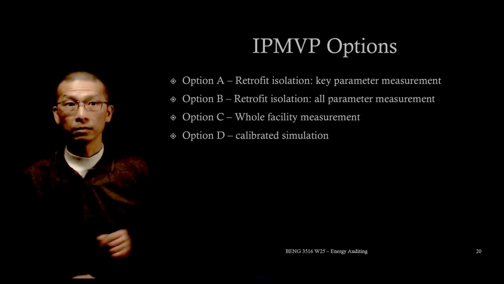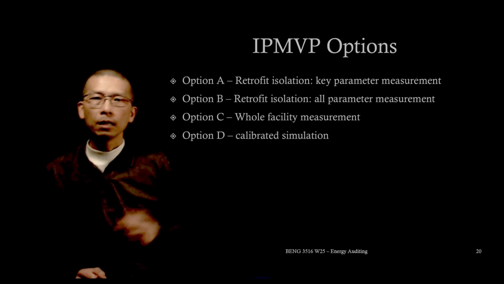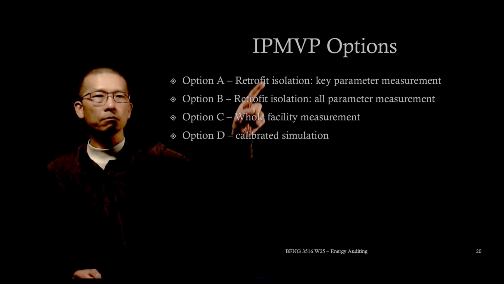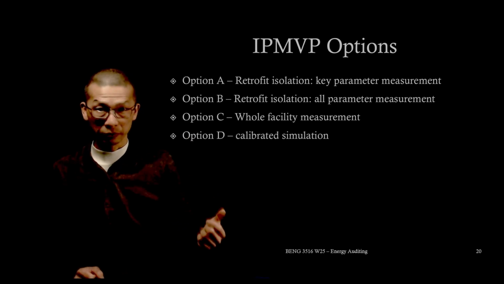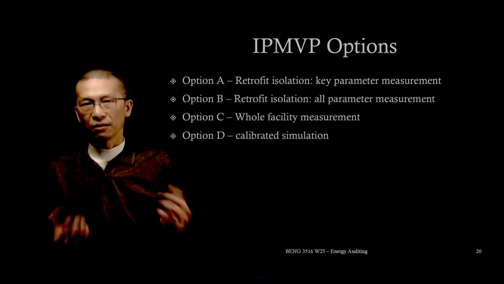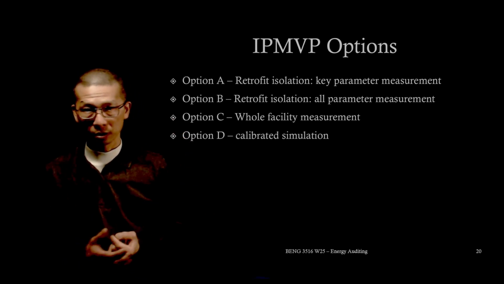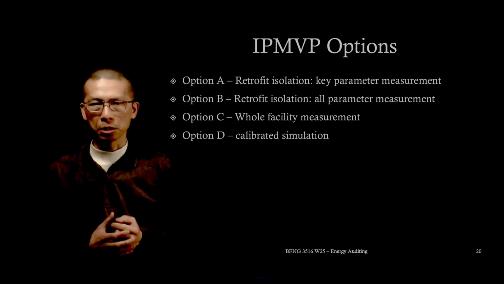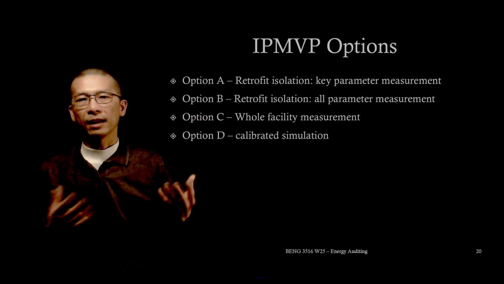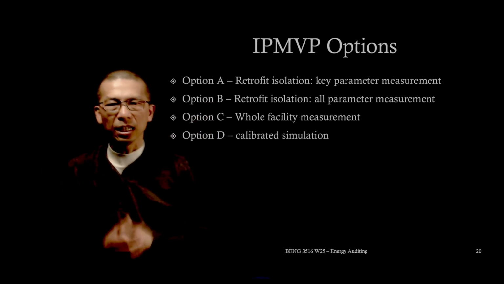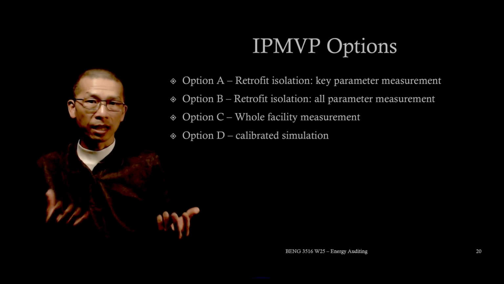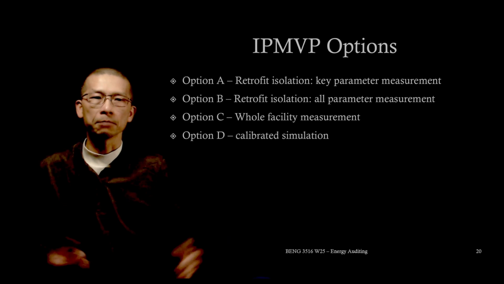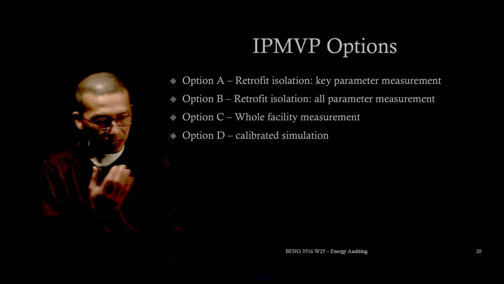So here are the options. Again, IPMVP, the International Performance Measurement and Verification Protocol, defines 4 M&V options to quantify energy savings. Each option is suitable for different project types and levels of accuracy. So let's take a look at each one.